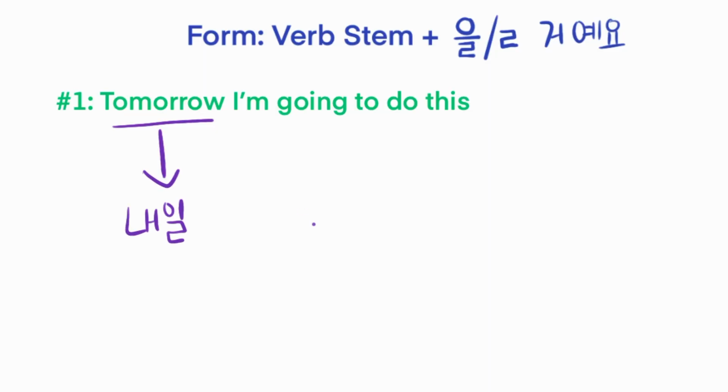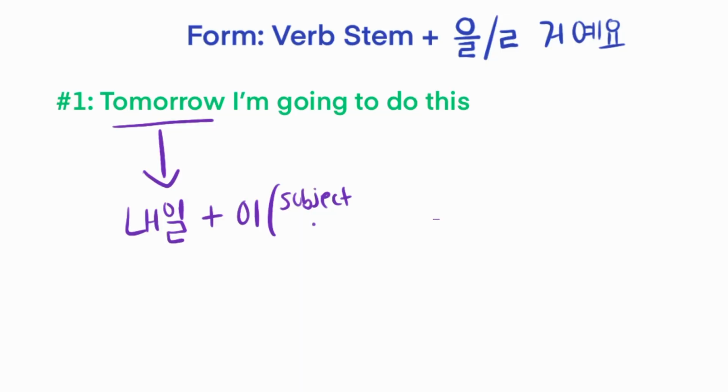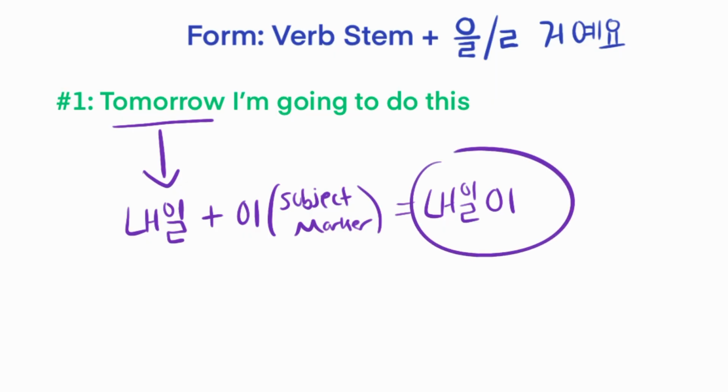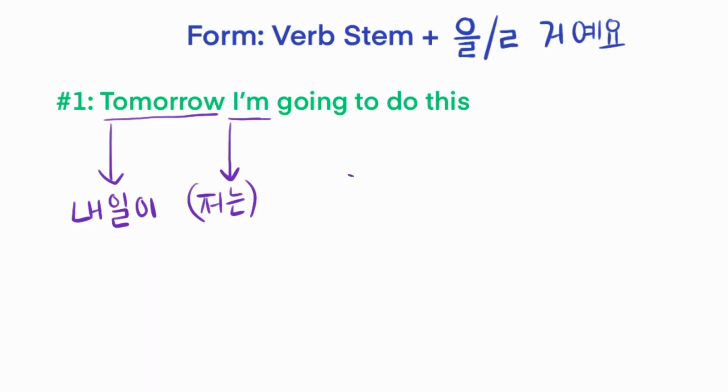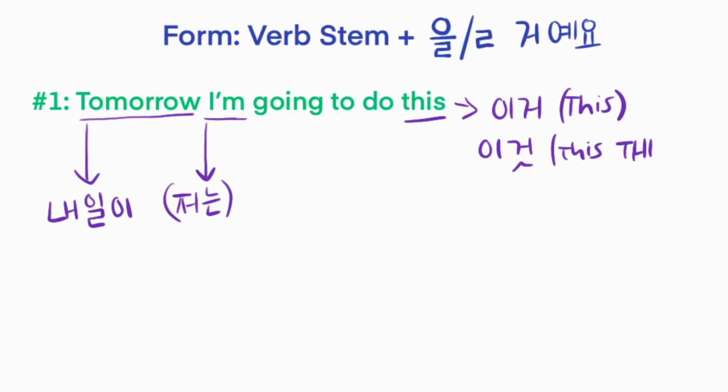Now let's add the rest of the components to the sentence. Tomorrow in Korean is 내일. Because I want to emphasize that tomorrow is the day I want to do this, I want to add the subject marker 이 to 내일. 내일이. 저는 is optional. In this case, I'm not going to say 저는. Depending on context, it's in there already, so you don't really need to say it. And the word for this is 이거.